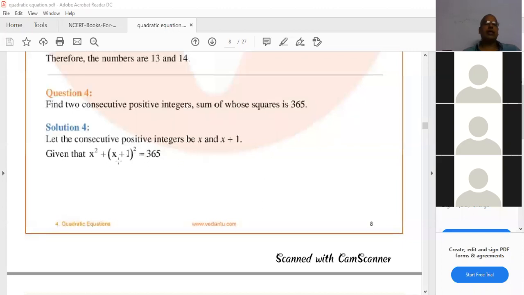This expansion, by using a plus b whole square, you have to expand. What is the formula for a plus b whole square? A square plus b square plus 2ab.